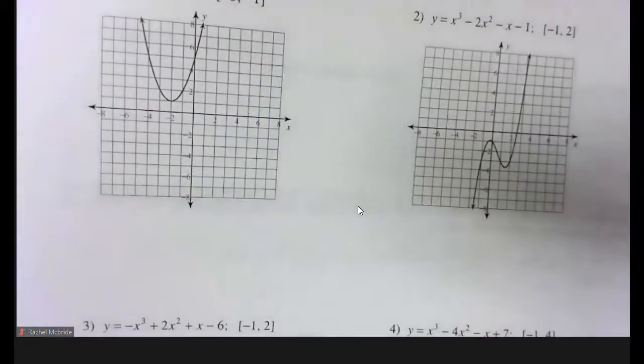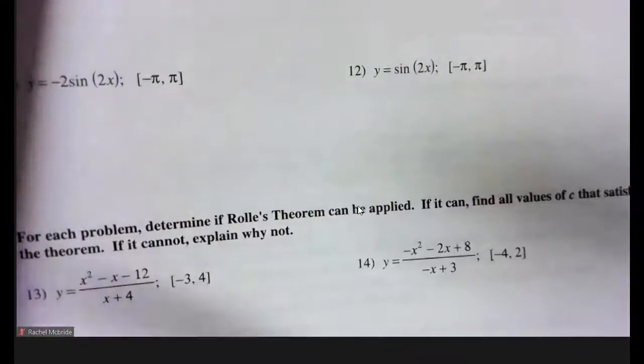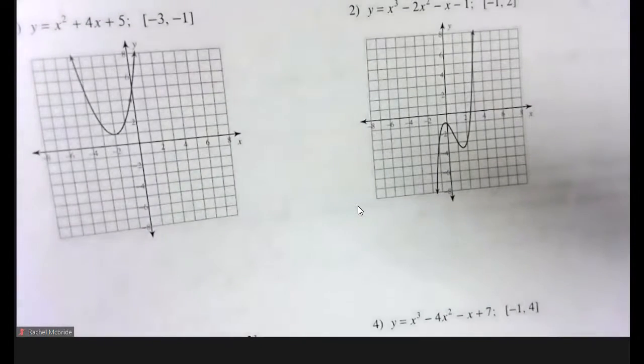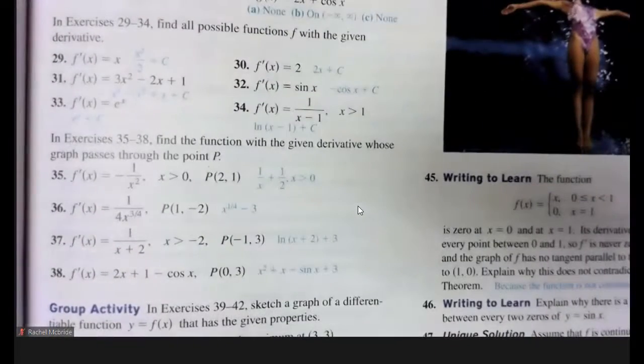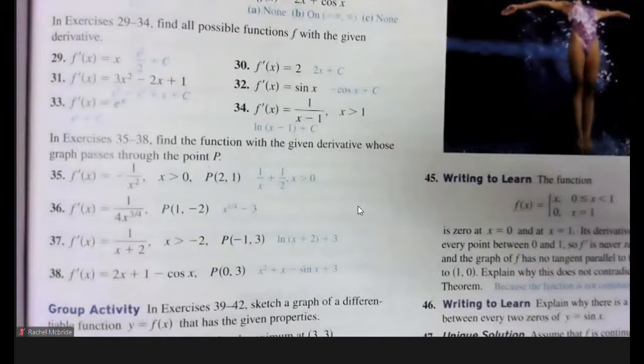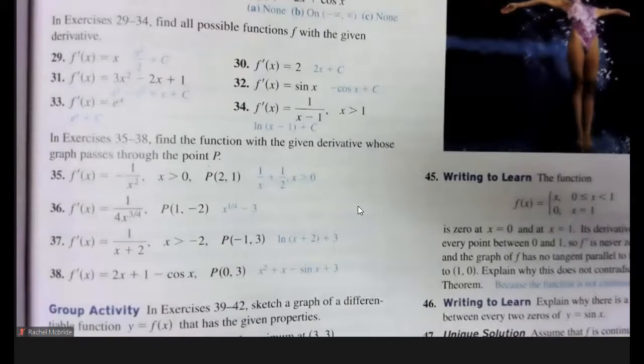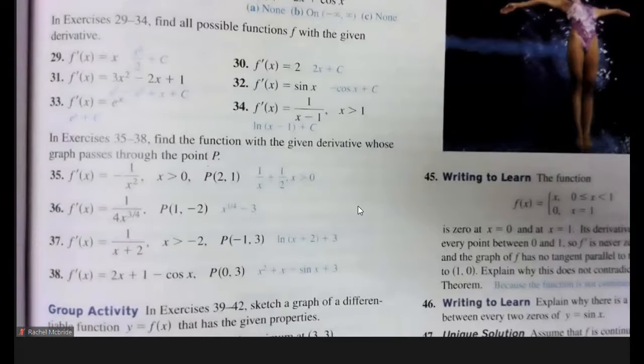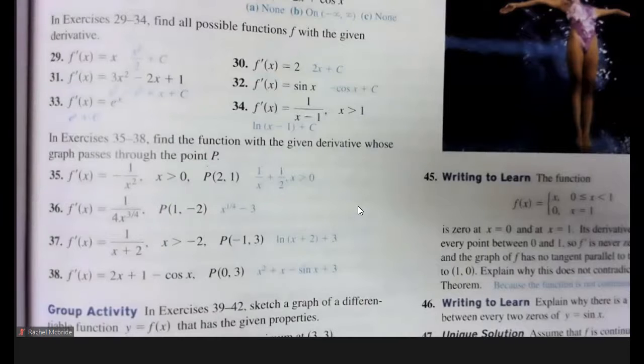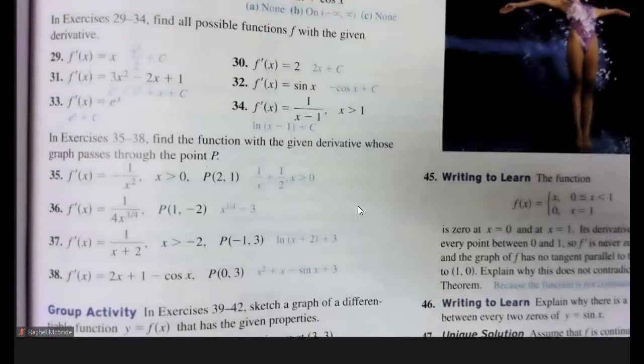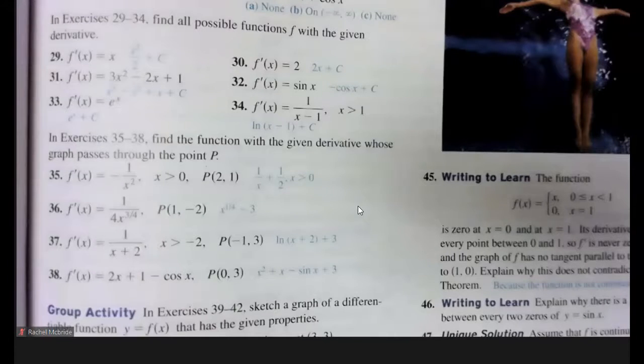So that's 4. That's 14. In your book, let's do 2 to 8, 12, and then 202.